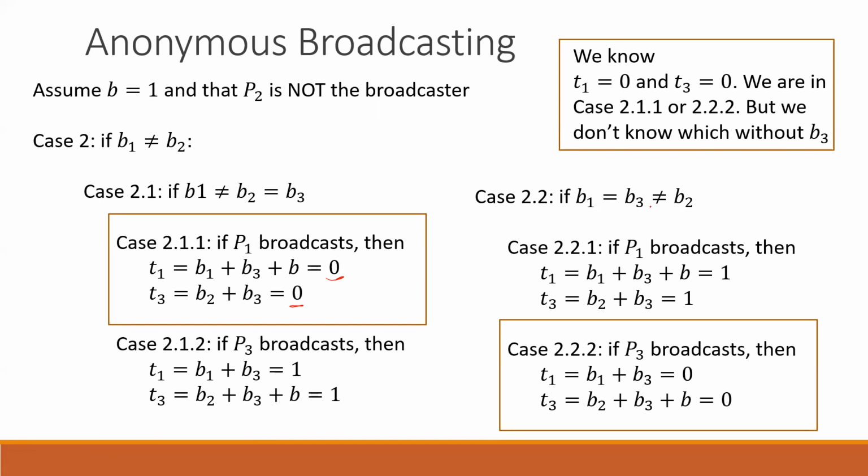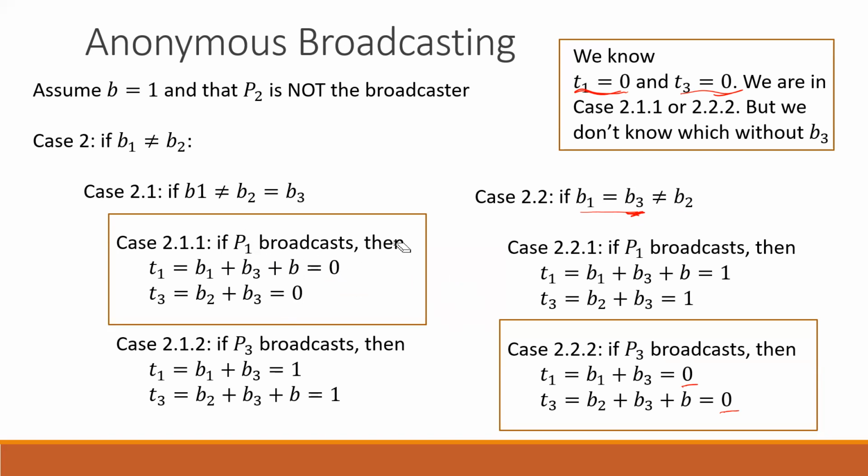Or I could have B3 is equal to B1, in which case T1 and T3 being 0 is if P3 broadcasts. So again, I know these two values. So I know I'm in this case or this case, but because I don't know B3, I don't know if P3 was a broadcaster or P1.